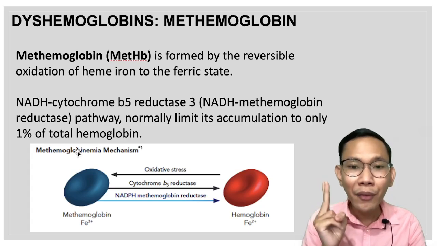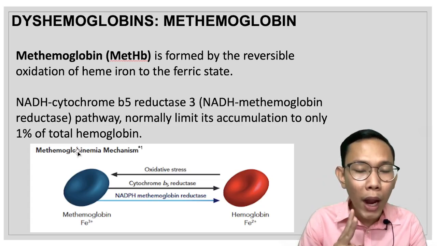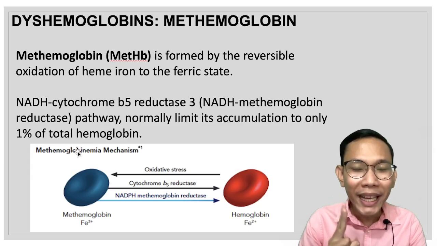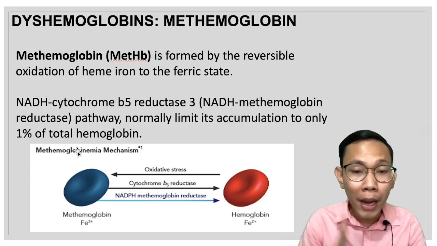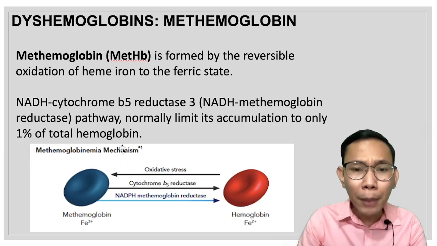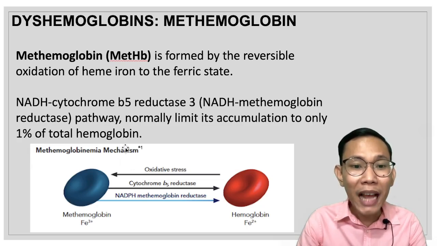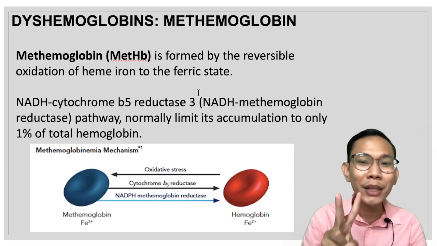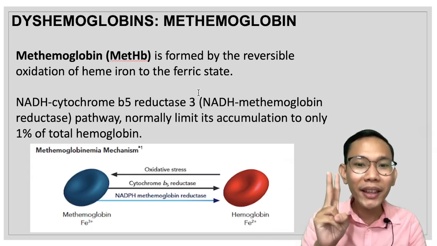And then we have the inherited type. The inherited type is brought about by a mutation in our gene for NADH cytochrome B5 reductase. So, two types of methemoglobinemia: acquired and inherited.